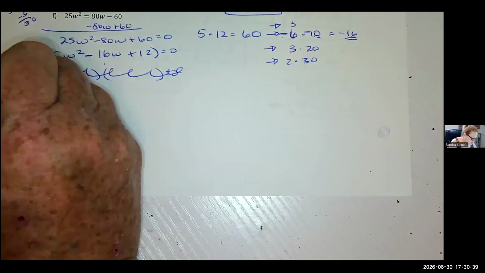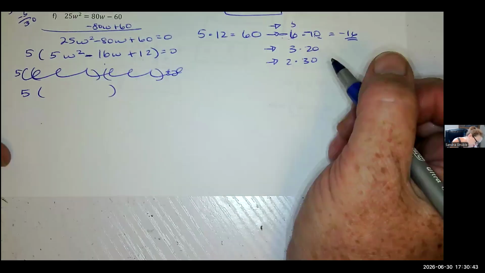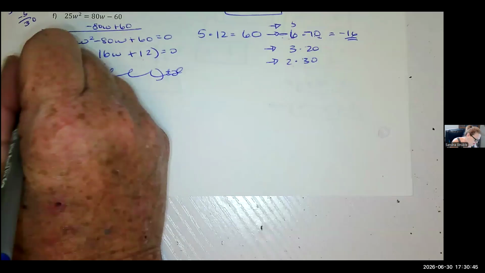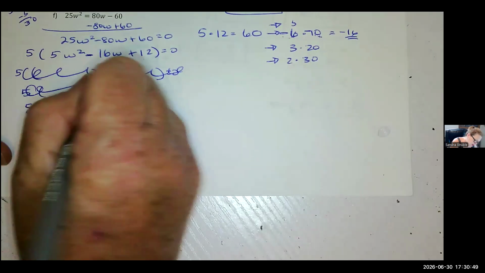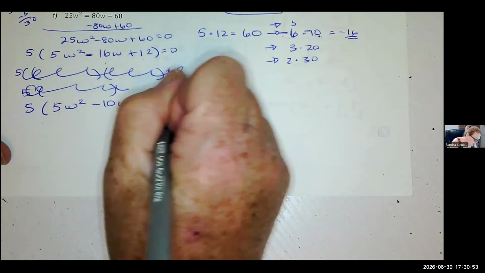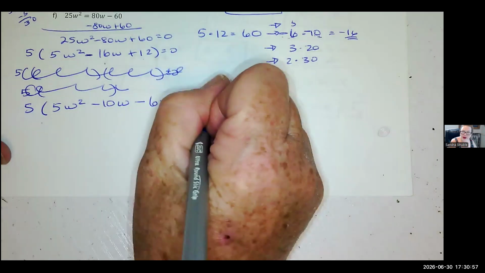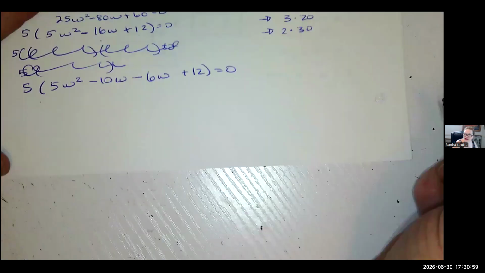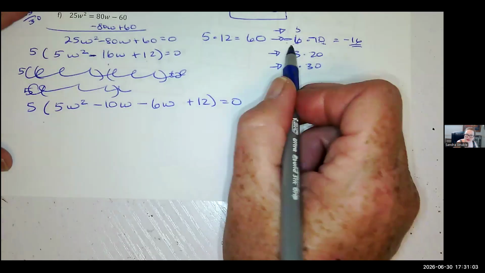So how do I want to write this? Let's go with 5w squared minus 10w minus 6w plus 12 equals 0. That's how I'm using the negative 10 and the negative 6, because these two together give you negative 16.